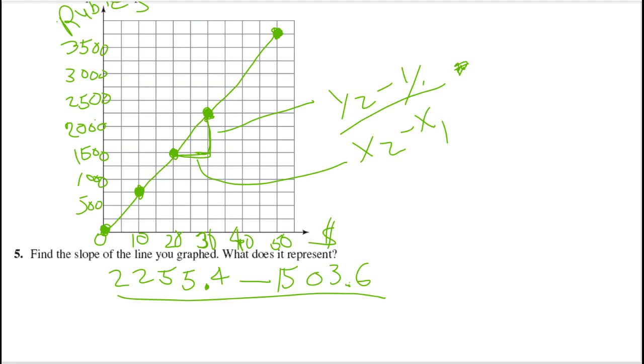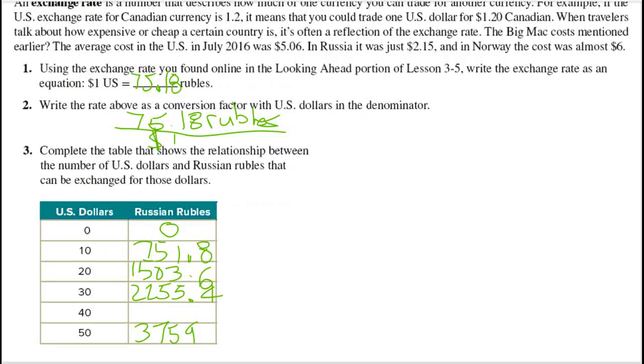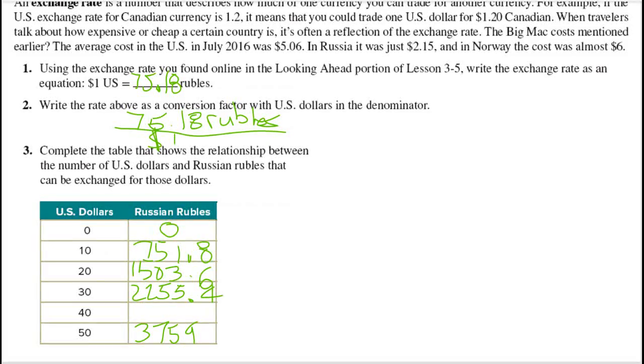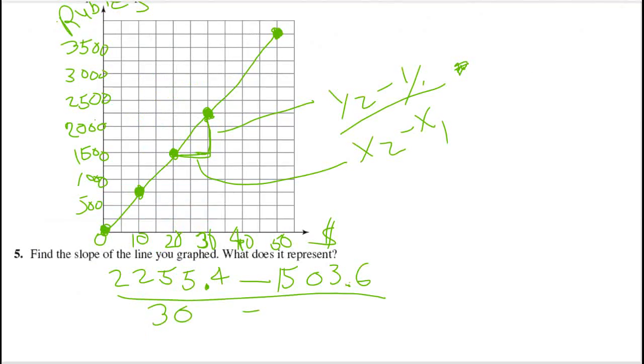My x2 has to go with my y2. So my 2255, the x that goes with that is 30, or the dollars that goes with that number of rubles is 30. And the dollars that goes with 1503 is, 1,503.6 rubles corresponds to $20.